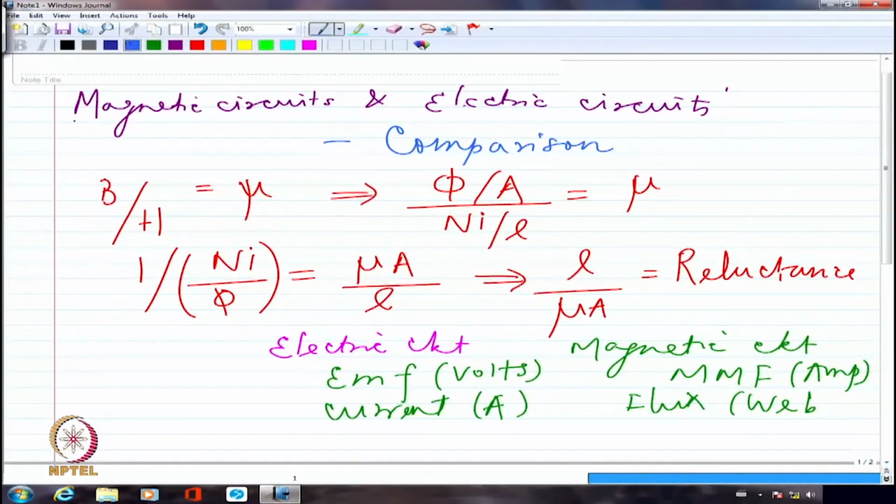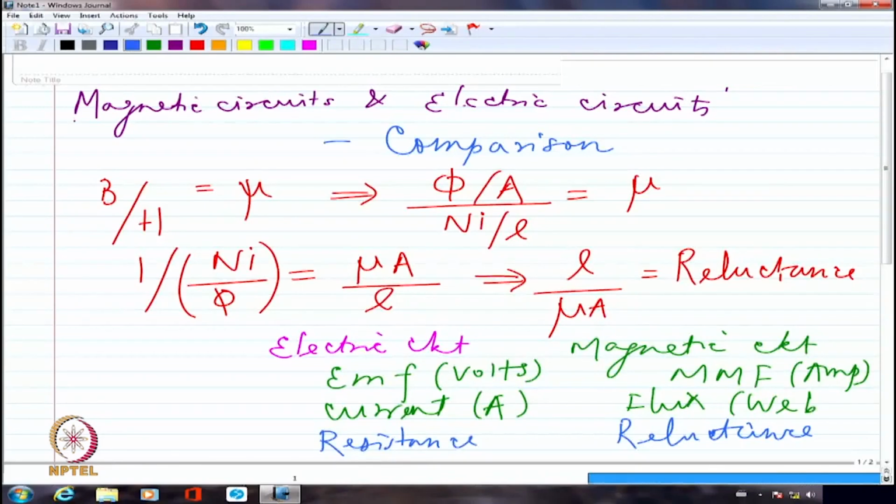Now, the impeding factor here is resistance, whereas here it is going to be reluctance. The unit is ampere turn per Weber, but I am removing the turn because it is a dimensionless quantity.